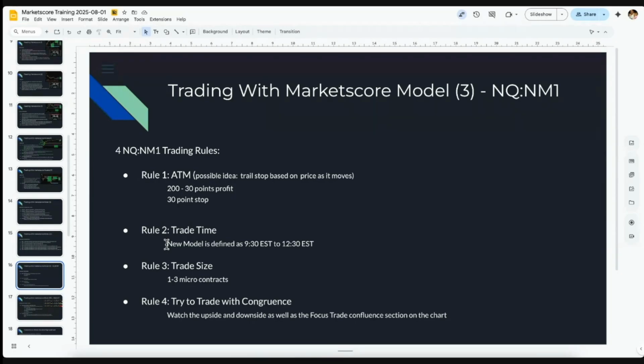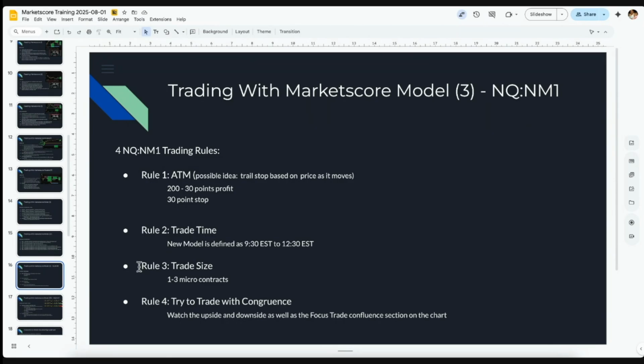So the bots only trade from market open and then for 3 hours, and that is it. And then from that point forward, it no longer takes trades. If it is in a trade, it will stay in until the end of day. But the model itself is set to only get into trades up to 12:30.